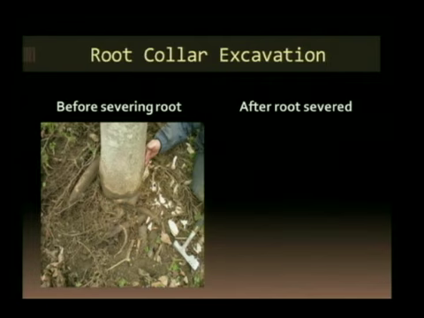And as the tree gets fatter and fatter in diameter, and the root gets fatter and fatter in diameter, the root begins to choke the tree and strangle it. If untreated, girdling roots will eventually kill the tree, as we saw in the previous slide.